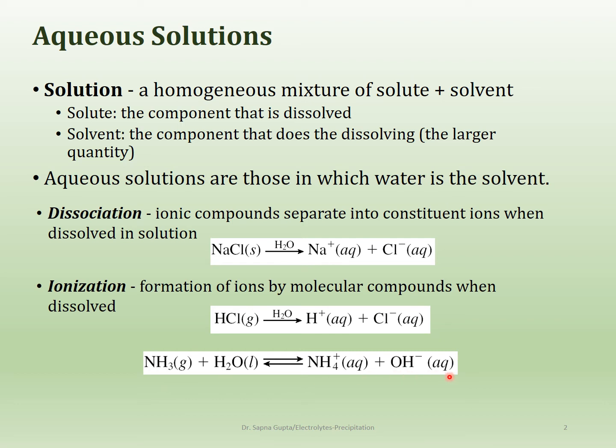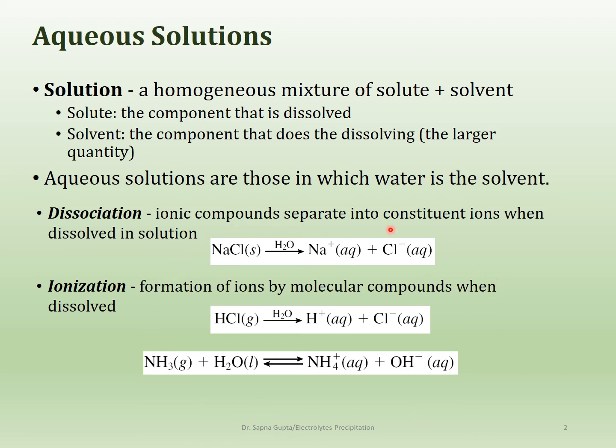In this reaction with ammonia and water, we have different phases also. Ammonia is a gas, water is a liquid. Remember, water is never going to be AQ, because AQ stands for aqueous, which means something that is dissolved in water, not water itself. Water by itself is liquid. And so then you get ammonium ions and hydroxide, which are both AQ, meaning dissolved in water. So these are the two different things that happen.